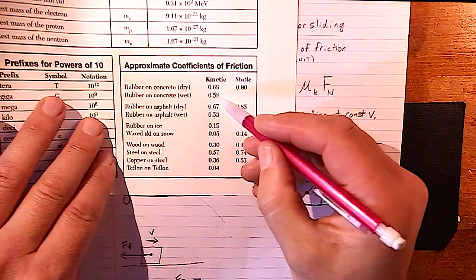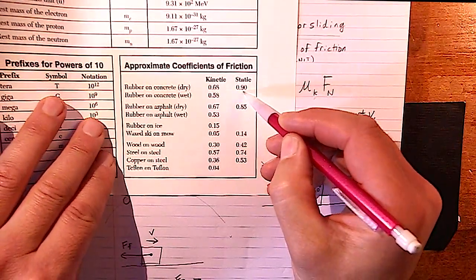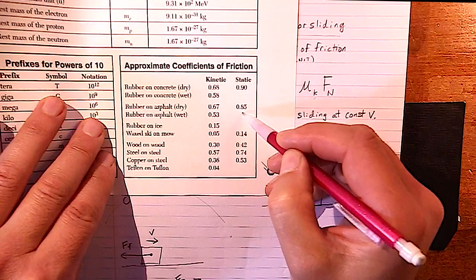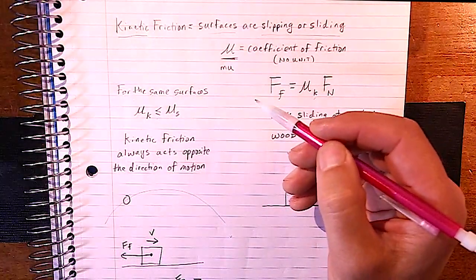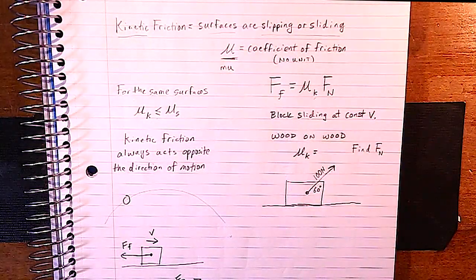So we can see 0.68 is smaller than 0.9, 0.67 is smaller than 0.85, and that's because kinetic friction for the same surfaces is always less than the static friction force, the maximum static friction force. I'll explain the maximum part when we do static friction.